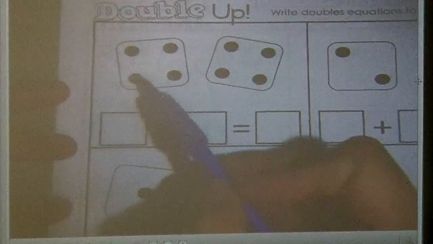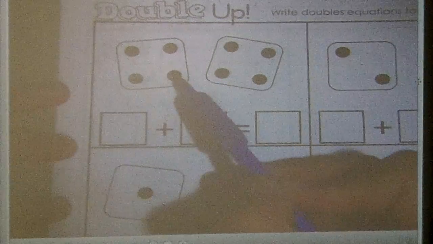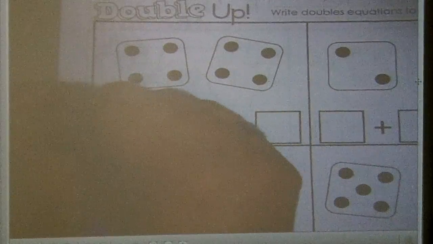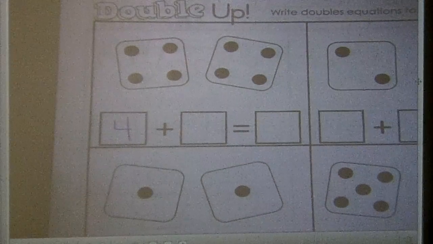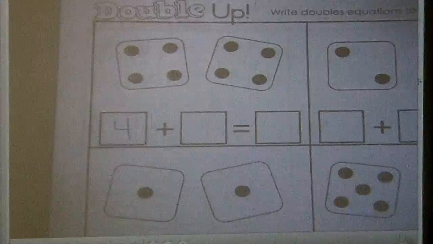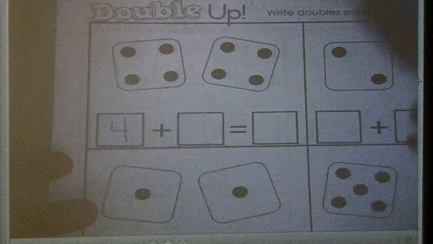We're going to count how many dots are on the first dice. So we have 1, 2, 3, 4. So we will write the number 4 in the first box. Very, very similar to what we did on the previous page, but now we're looking at dots instead of fingers. Now we're going to do the next one.